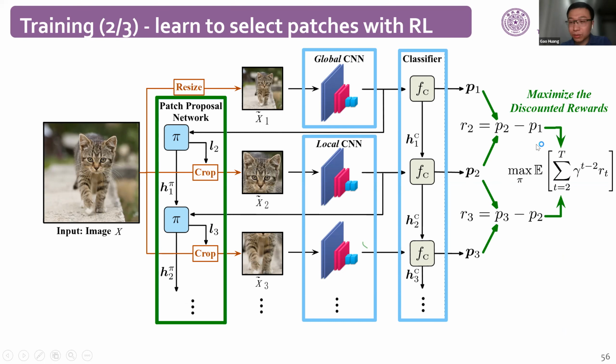We model the local patch selection as an action in reinforcement learning, and the reward signal is how much error reduction we can get, and we maximize the discounted reward. That is, any questions from the audience?